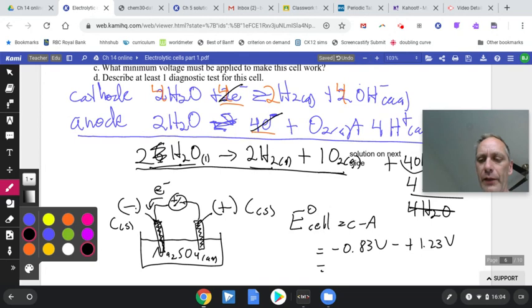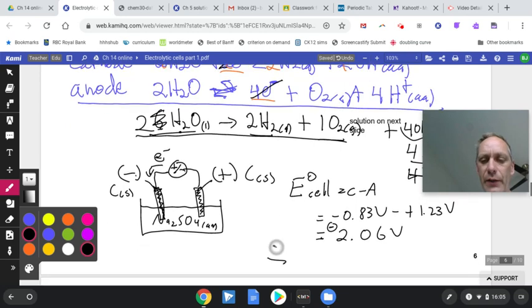Negative that minus that is 2.06 negative volts.